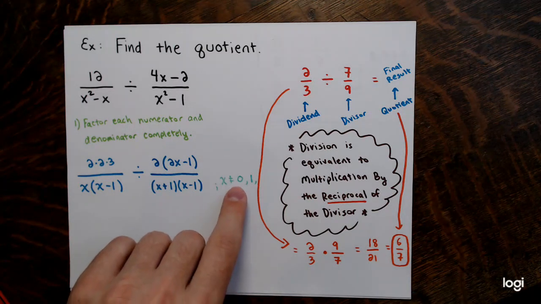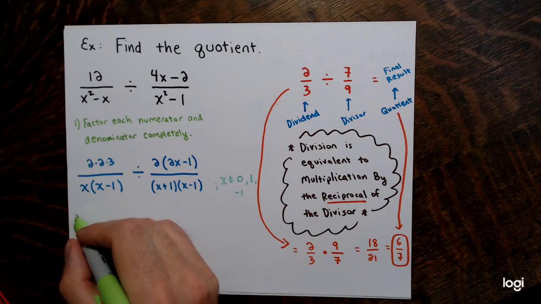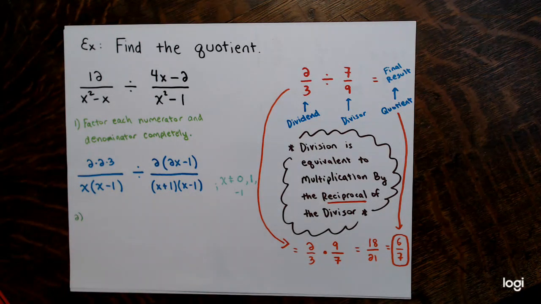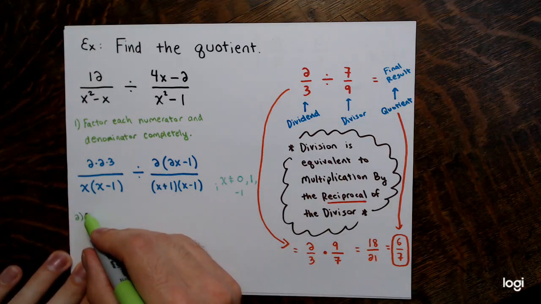But for right now, these are the values I cannot replace x with, because I'd be having denominators that are 0, dividing by 0.